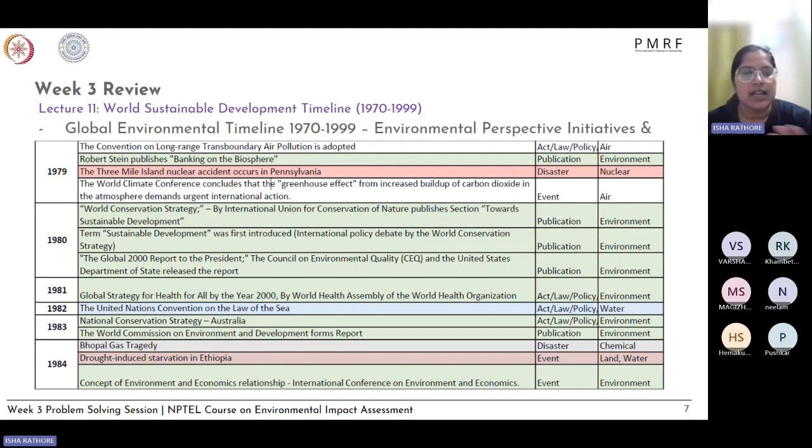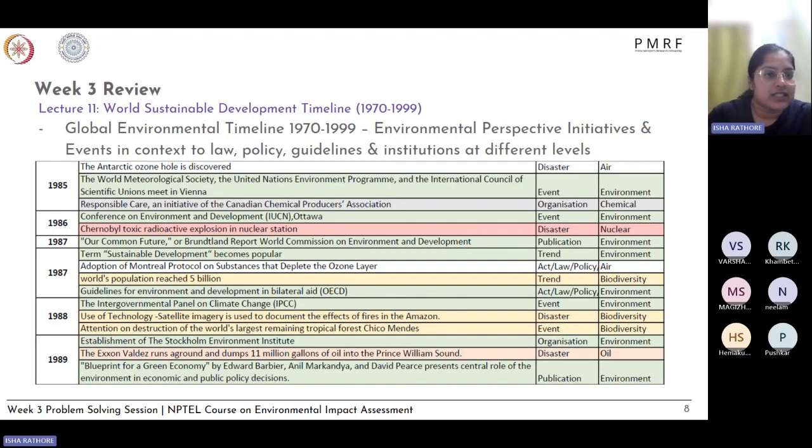But understanding how all of these initiatives have come up and how different policies, publications, awareness, and events have triggered the movement could help you in understanding this timeline through which we have reached EIA in a sense.